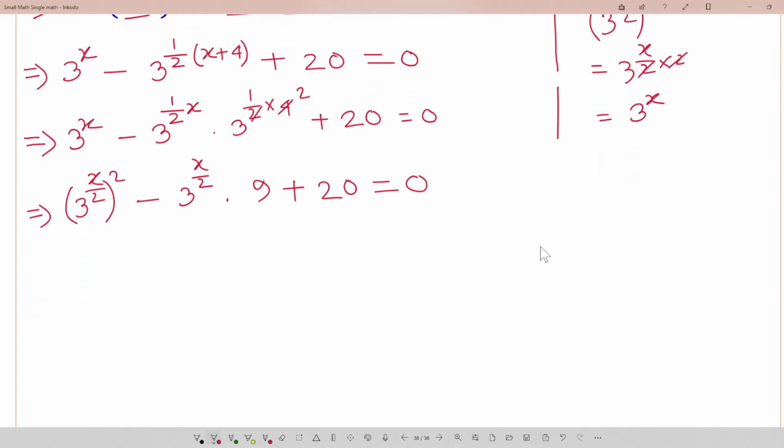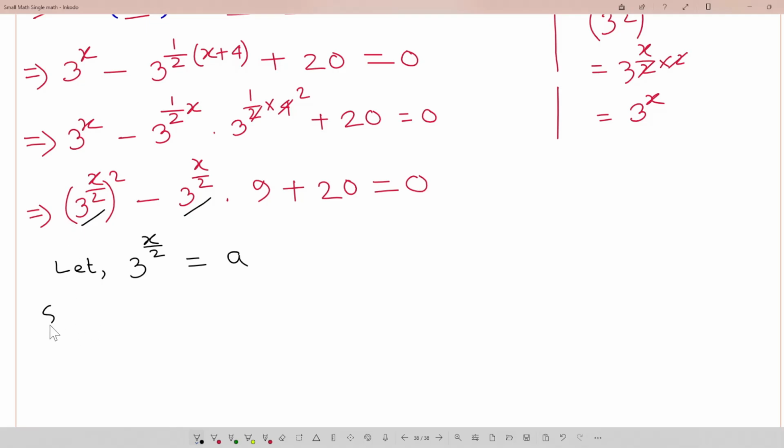Okay, so now we have to decide a big thing: here is 3 to the power x by 2 and here is also 3 to the power x by 2. So let 3 to the power x by 2 equal a.